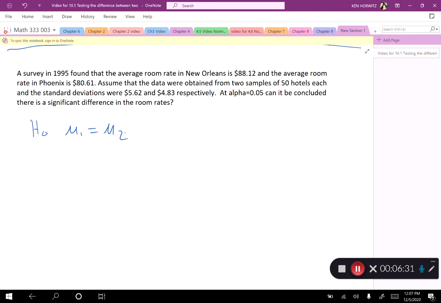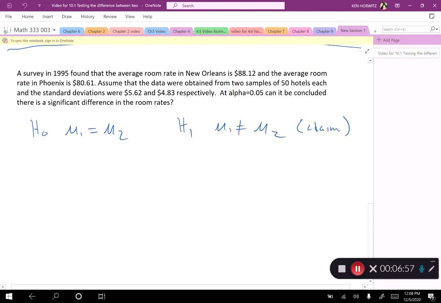It just simply said, can it be concluded there is a significant difference? So it didn't say larger, smaller, anything like that. So I'm going to conclude that my alternative hypothesis would be that the means are just simply different. And I'm going to state this as my claim.